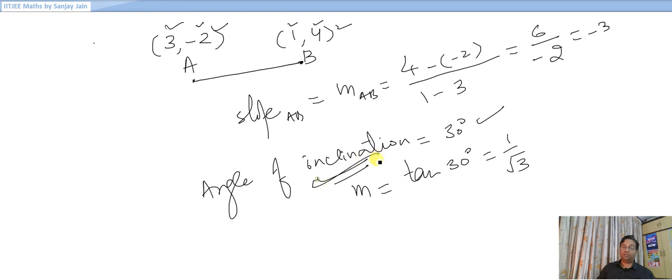Similarly, if the angle of inclination is given as 60 degrees, slope will be root 3. All right, so this is how we will use this information. Okay, so this was about the slope of a line and the conditions of parallelism and perpendicularity.